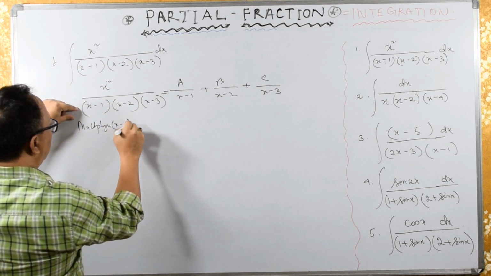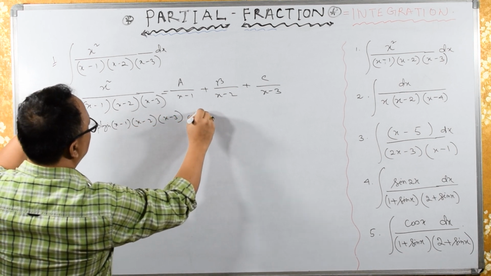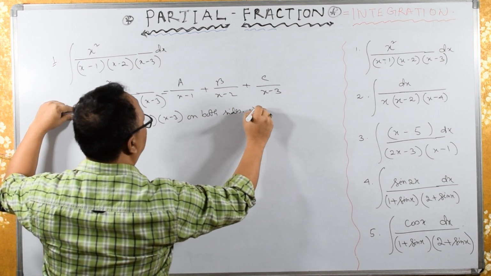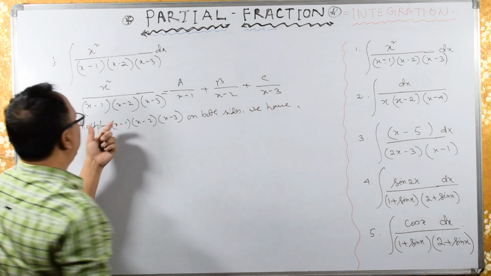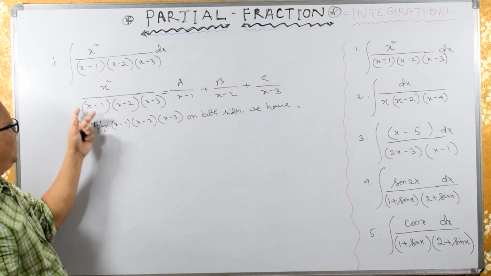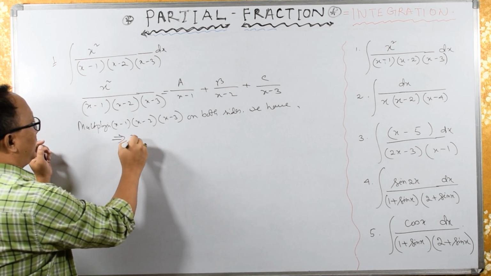After that, multiplying (x minus 1)(x minus 2)(x minus 3) on both sides, on the left hand side we will have only x square.